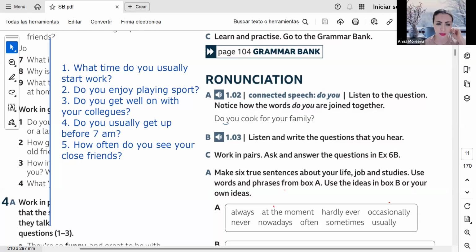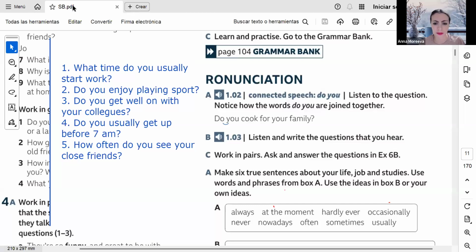Do you get on well with your colleagues? 4. Do you usually get up before 7 a.m.? 5. How often do you see your close friends?